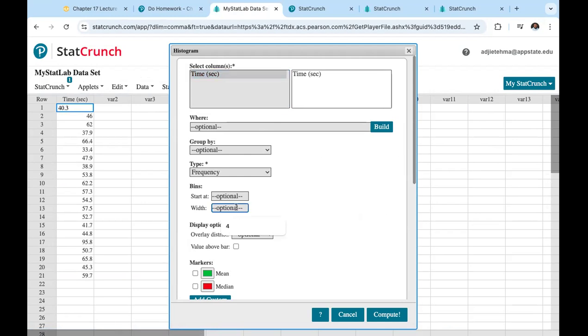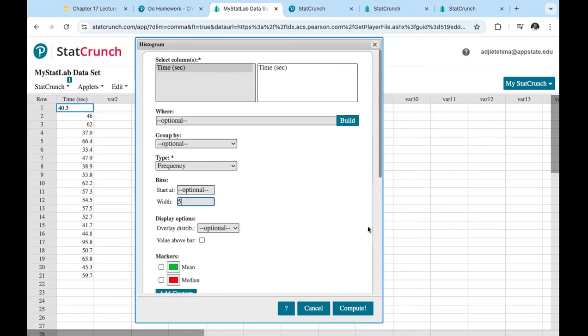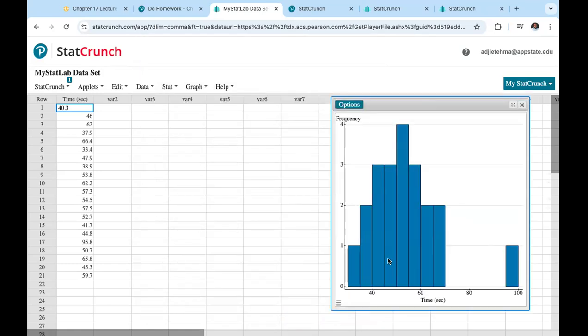And then let me change the width here. Let me use 5 to see. And then when I hit compute, there's a histogram I got. Okay. So you just have to look at which of them matches this histogram.